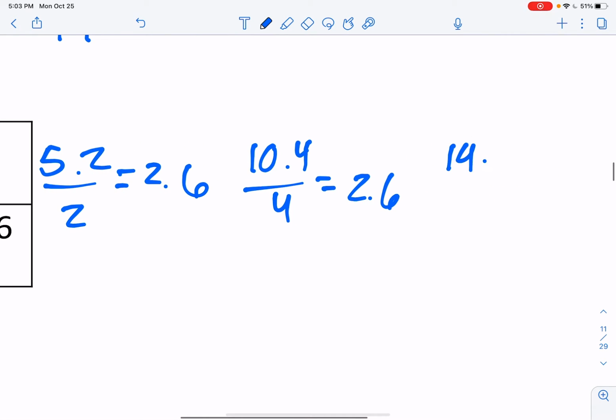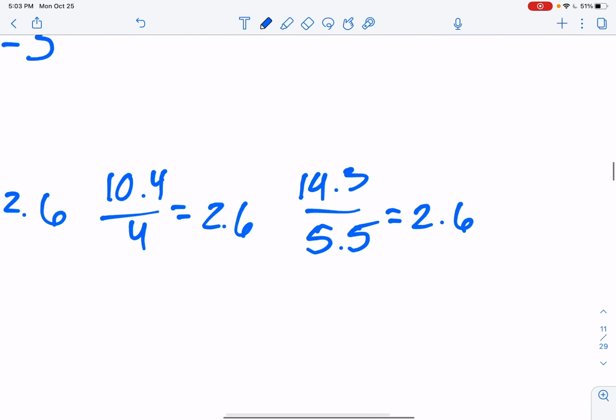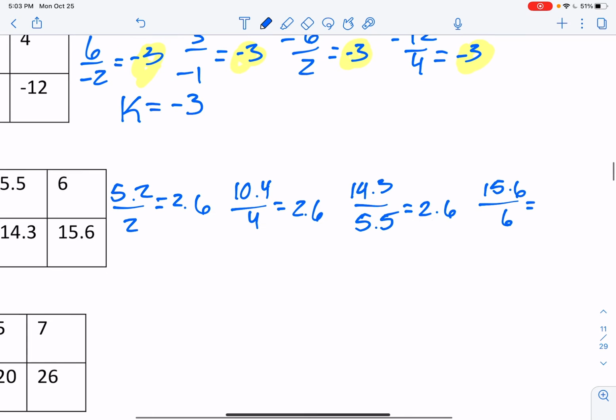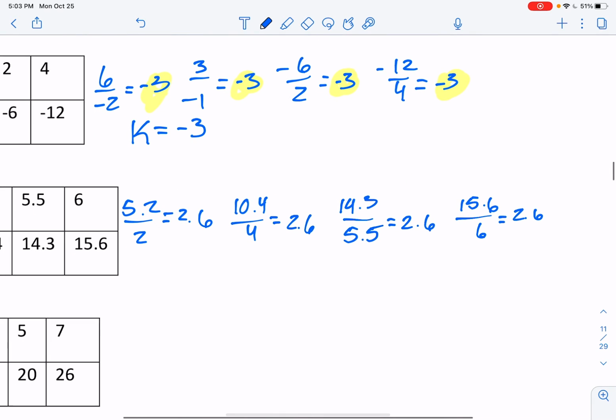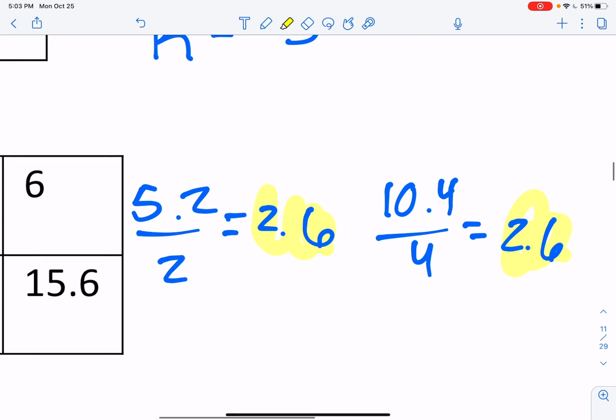And 14.3 divided by 5.5 is also 2.6. And last one, 15.6 divided by 6 is also 2.6. So in this case, again, it's going to be the same. It is a constant of variation. It's the same, it doesn't change. So k equals 2.6 for that one.